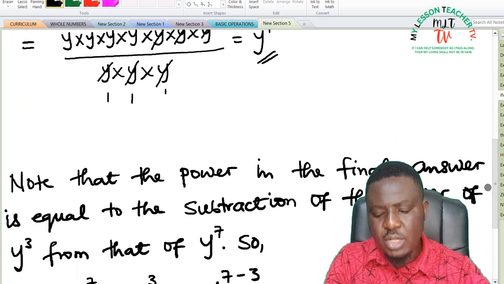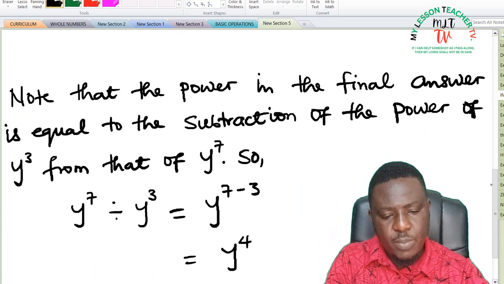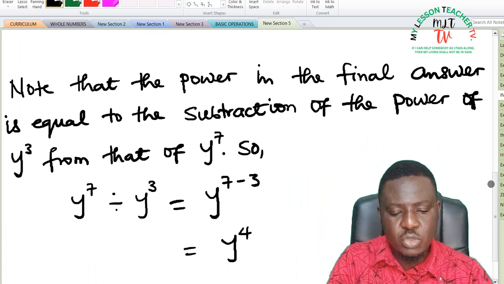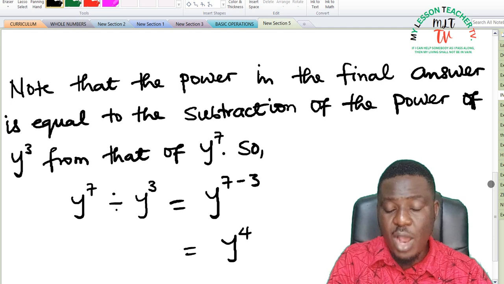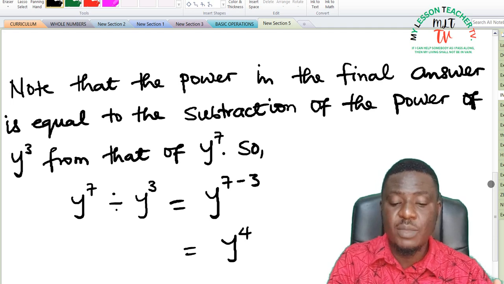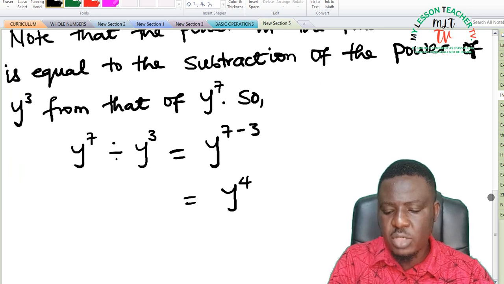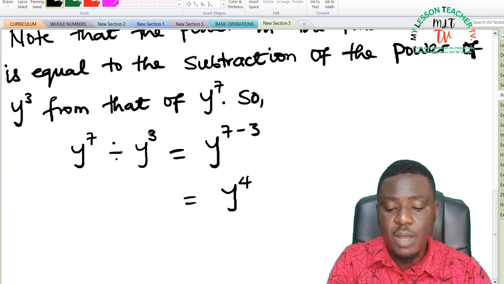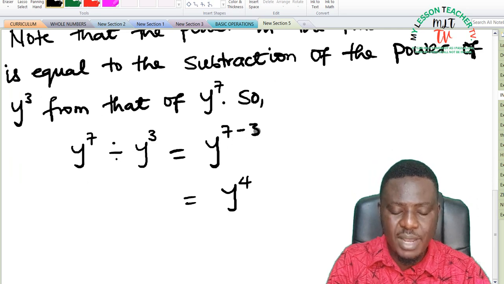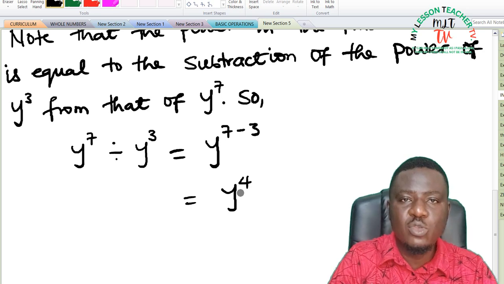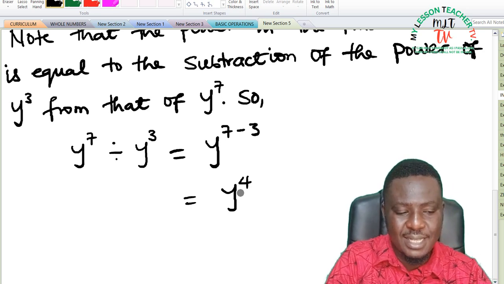So therefore, we should note that the power in the final answer is equal to the subtraction of the power of y raised to the power of 3 from that of y raised to the power of 7. So y raised to the power of 7 divided by y raised to the power of 3 is equal to y raised to the power of 7 minus 3, which is equal to y raised to the power of 4. Could this also be a coincidence?